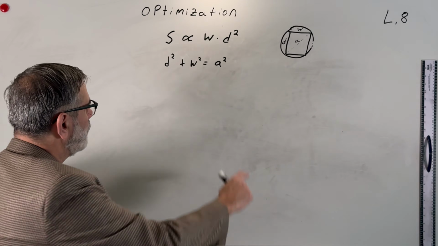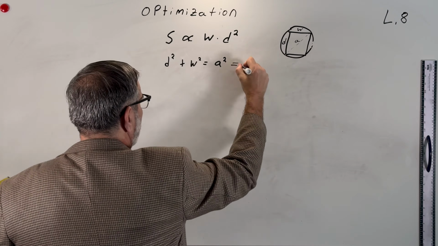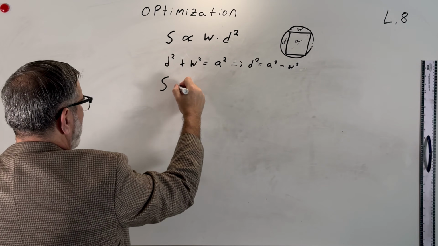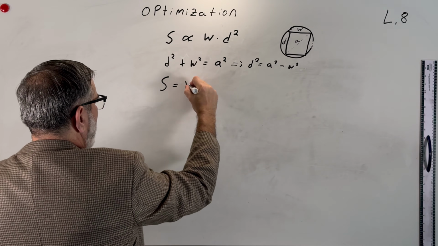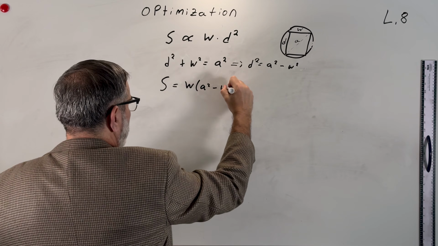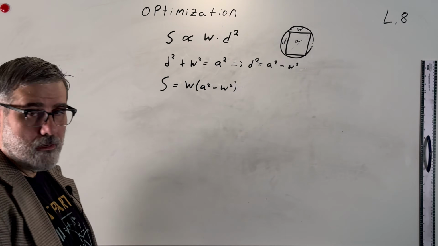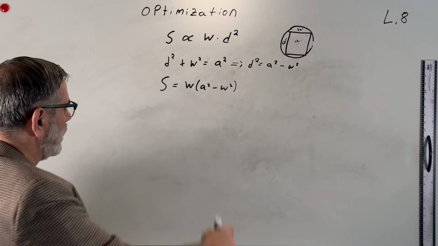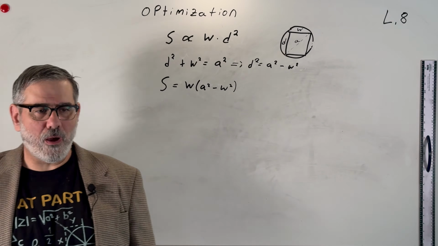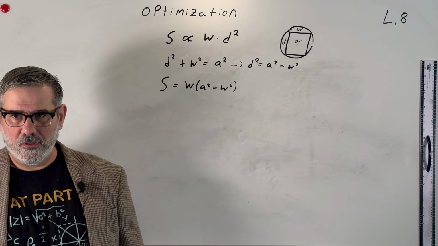So we can solve for d squared, and then substitute into the formula for the strength. Instead of d squared, we'll replace it with a squared minus w squared. So now we've only got one independent variable. A is fixed. It is a constant. We're not allowing a to vary.